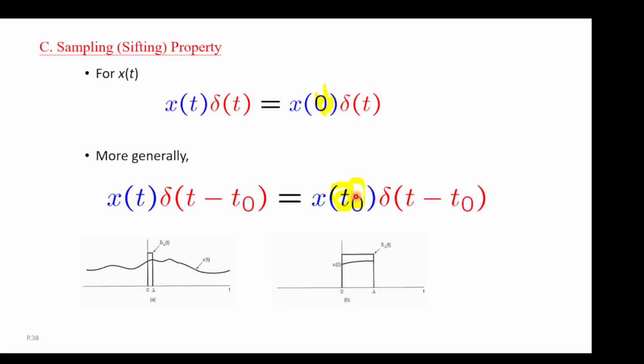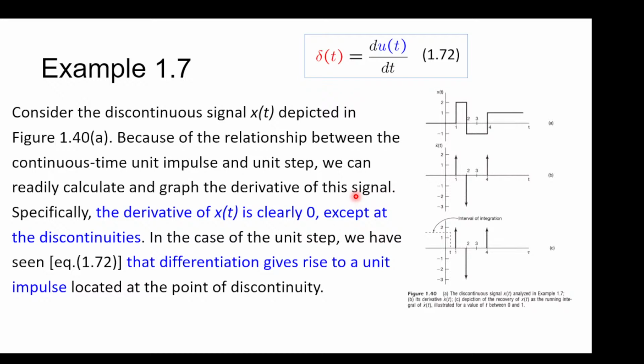Now we have 3 minutes to go through this example. Once again, I have a lot of text, but I think we can do this fairly quickly. So we have this funny function. Look at this. It's some piecewise constant function. It's constant 0 here, constant 2 here, constant minus 1 here, and constant 1 here.